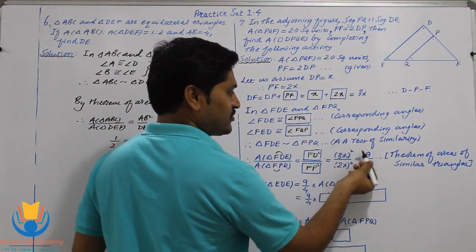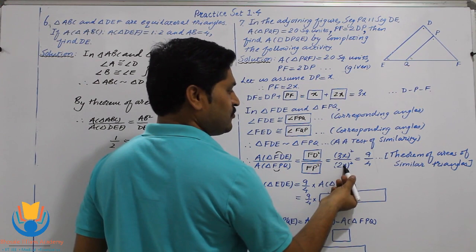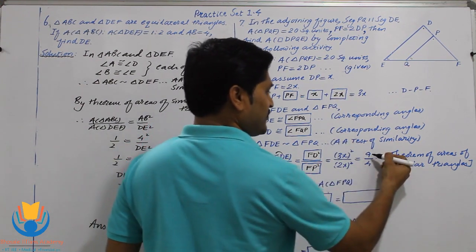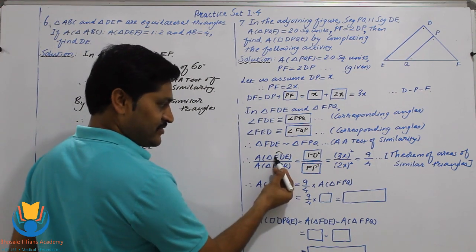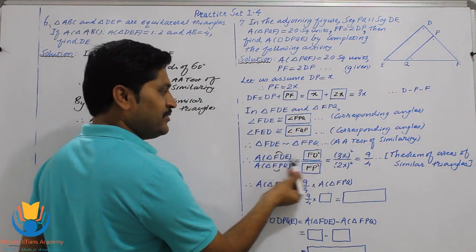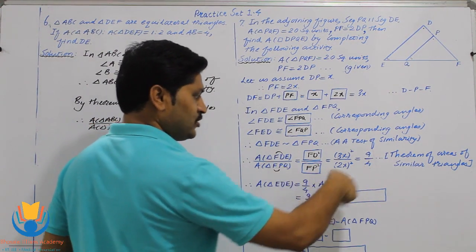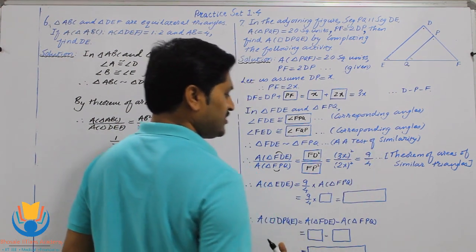So 3x whole square is 9x square, and the square of 2x is 4x square. The x square they have already cancelled, so this is 9 upon 4. Therefore the area of triangle FDE will be equal to 9 upon 4 into area of FPQ.